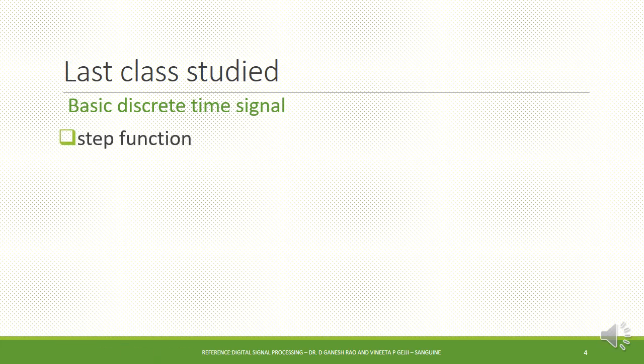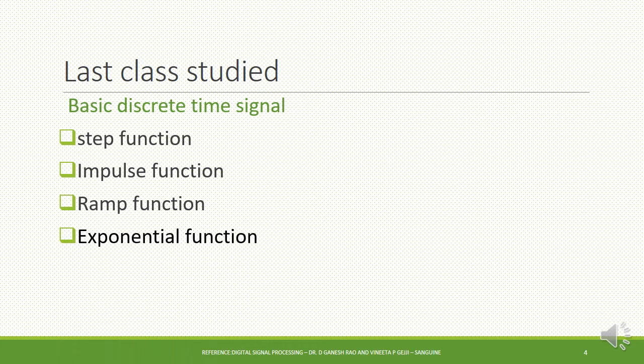First, let us revise what we studied in the last class. We studied the basic discrete time signals: step function, impulse function, ramp function, exponential function and the sine function.